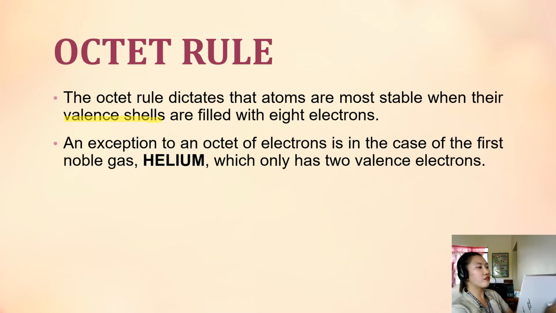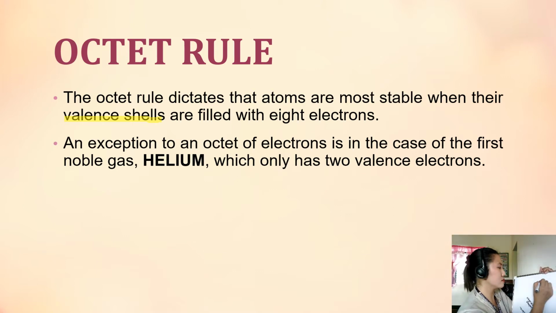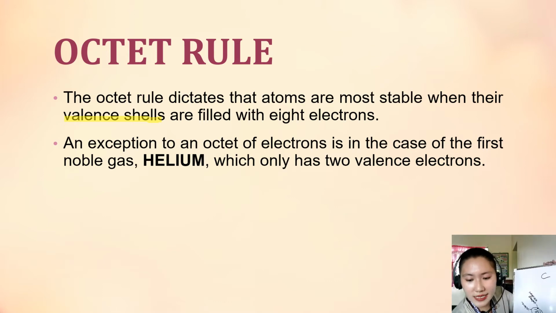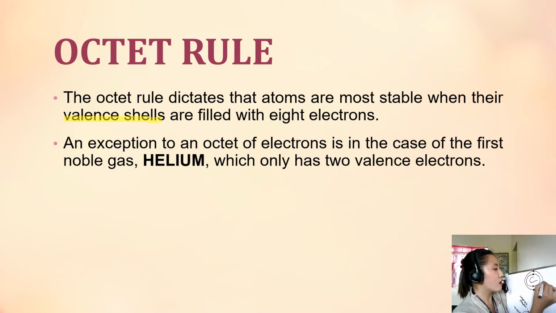So, let us have another example. We have here carbon. Si carbon, meron siyang 6 atomic number. So, meron siyang 6 electrons. So, let's draw this or illustrate this in a nuclear model. 1, 2, another shell, 3, 4, 5, 6.